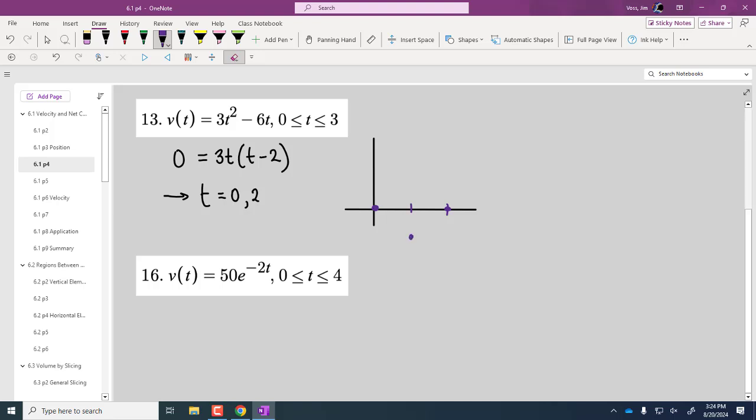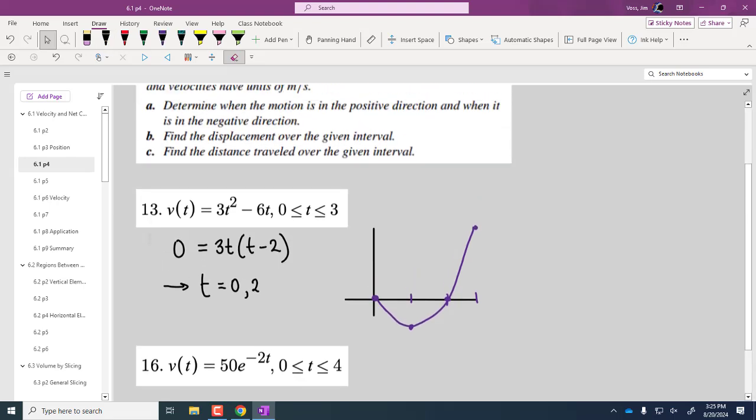All we care about is the relative position of all this stuff. We know that we need an interval from 0 to 3. So if we wanted to plug in 3 here, we can. We would get 27 minus 18, which is 9. So we're going to be somewhere up here, somewhere like that. Again, we don't have to be super precise. It's all about relative position, where things are. That gives us plenty to answer the questions.